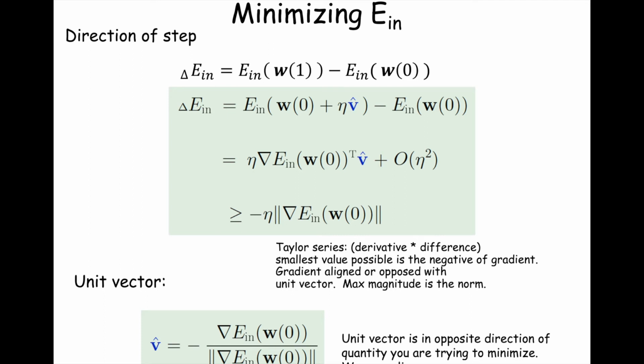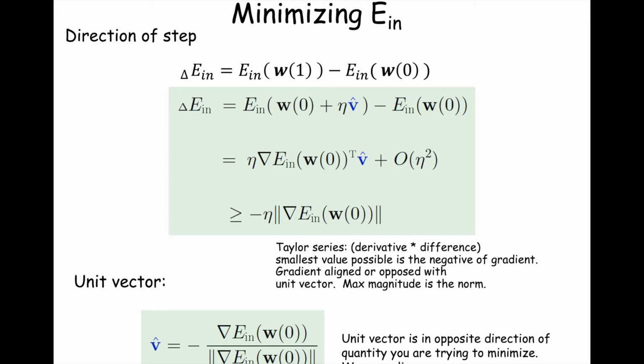And so one of the questions that we ask, and we asked last time, is what is the smallest way we can take a step in the direction of v hat? And the smallest way we can do that is if this v hat is in the opposite direction of the gradient of En at weight vector W naught.